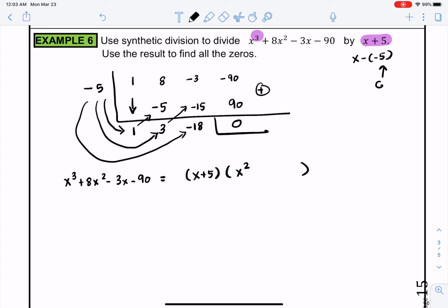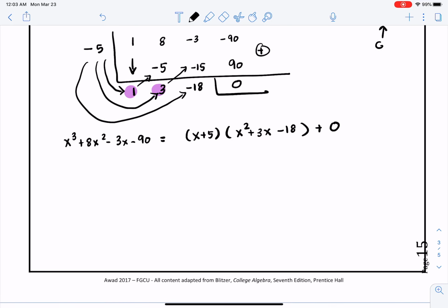The coefficient of x squared is 1. The next term is x. The coefficient of x is 3. And the last one is simply a constant, and the remainder plus 0. So the entire expression is simply x plus 5 times x squared plus 3x minus 18.